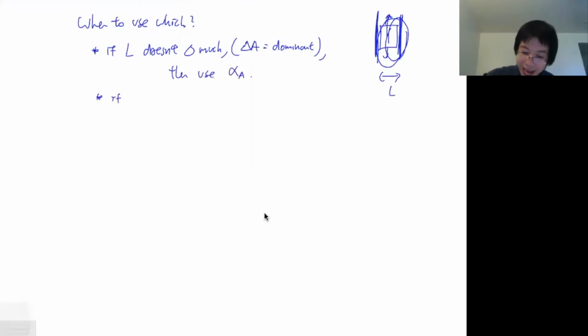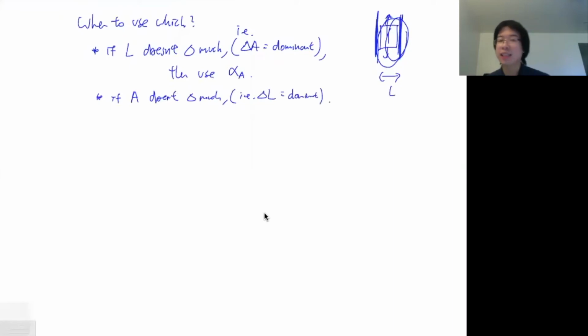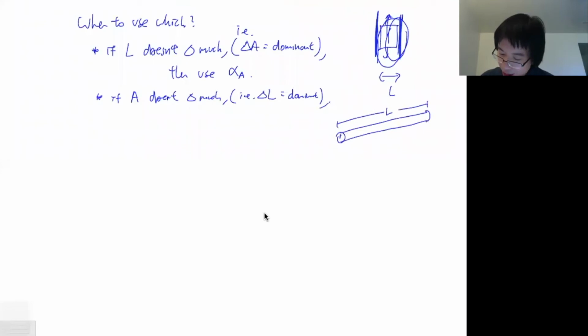If the area doesn't change much, i.e. the change of length is dominant, when is this situation useful? For example, let's say you have a long rod. Now you have a length and a cross-sectional area. Technically it expands in all directions, but which one is more important?